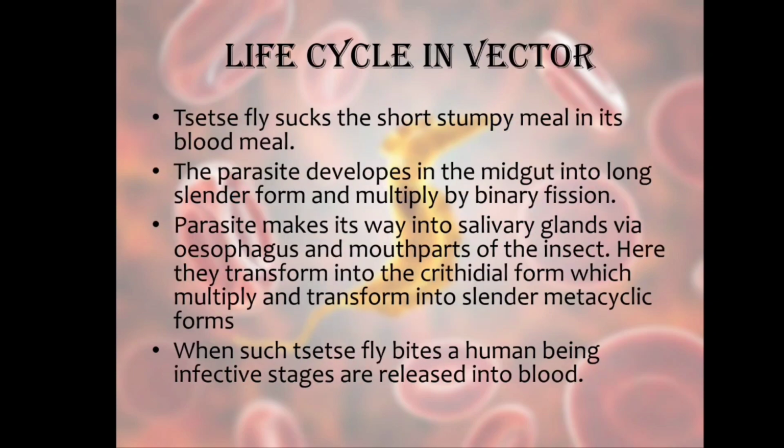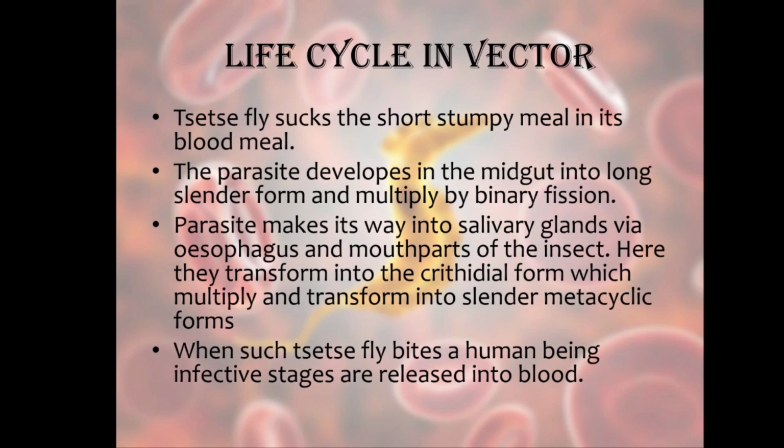Now, what happens when the parasite is picked up by the tsetse fly in its blood meal? The tsetse fly takes the short, stumpy form of the parasite in its blood meal, and once it is in the midgut of the insect, this parasite will develop into the long, slender form once again, and there also it is going to divide by longitudinal binary fission.